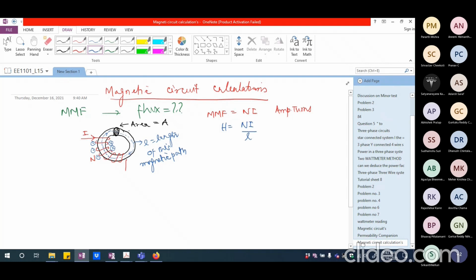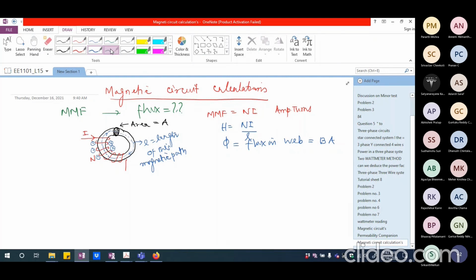Okay. Now, the total amount of magnetic field lines produced within this iron ring is phi, the flux in Weber. I should be able to write this as B, the flux density, multiplied by the area of cross section of this ring, so that is B times A. Okay.